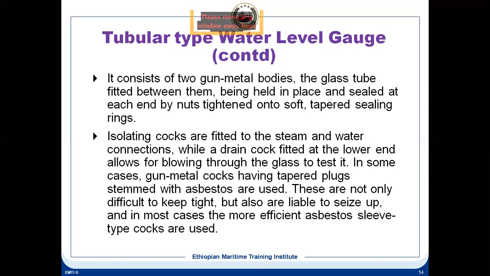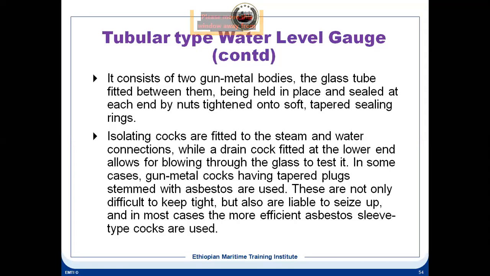Each side of the glass tube is sealed, and the sealing rings are basically soft. That is why these kind of tubular type water level gauges are not used on high pressure boilers.